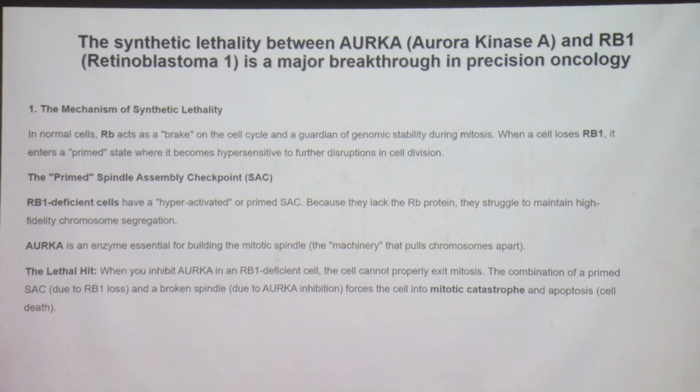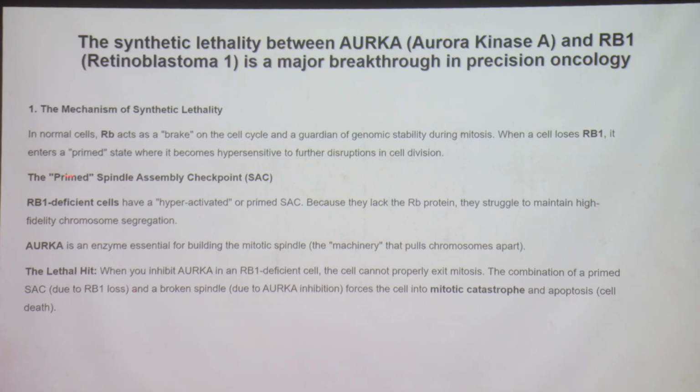Now, as long as Aurora is there, it will take care of the mitotic spindle and the cells will survive. But in such cells where retinoblastoma is missing, if you inhibit Aurora A, they will die immediately. And that is what synthetic lethality is here. Make sense?